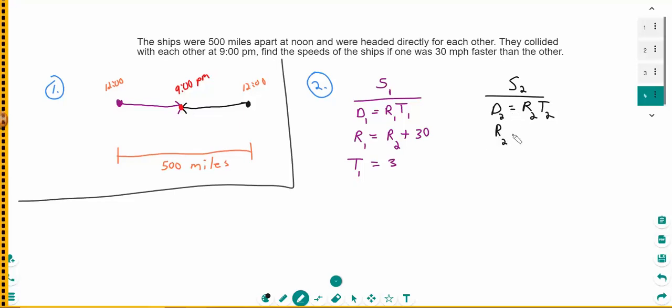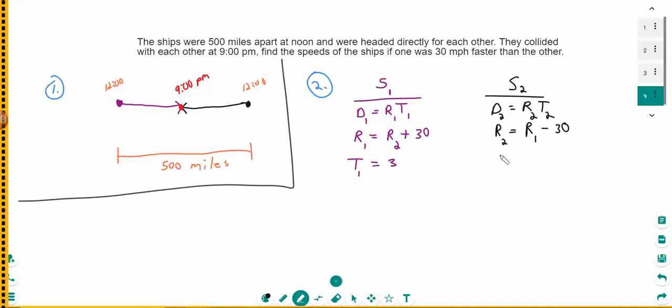I could say that his rate is equal to the rate of ship number 1 minus 30 miles per hour, because ship number 1 was 30 miles per hour faster, so ship number 2 is 30 miles per hour slower than ship number 1. So I could write an equation for the second ship's rate like that.